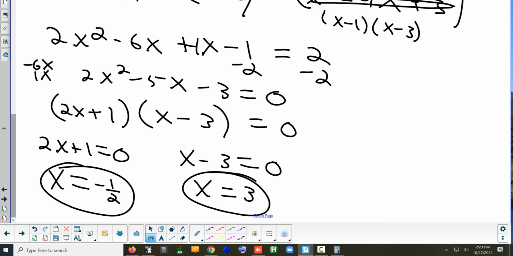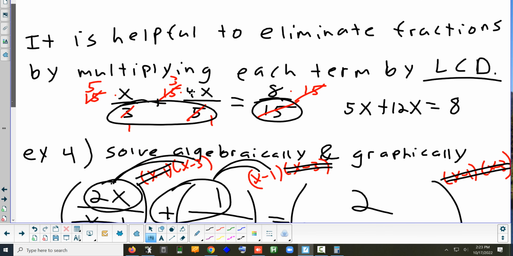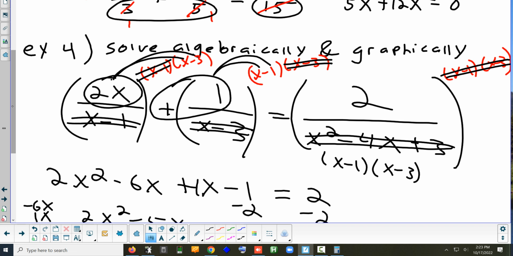You just have to make sure that those answers work. And by work, that just means make sure when you plug it back in, it doesn't cause you to divide by 0. If it does cause you to divide by 0, cross it out. So negative 1/2 and positive 3. Let's go back to our original problem.